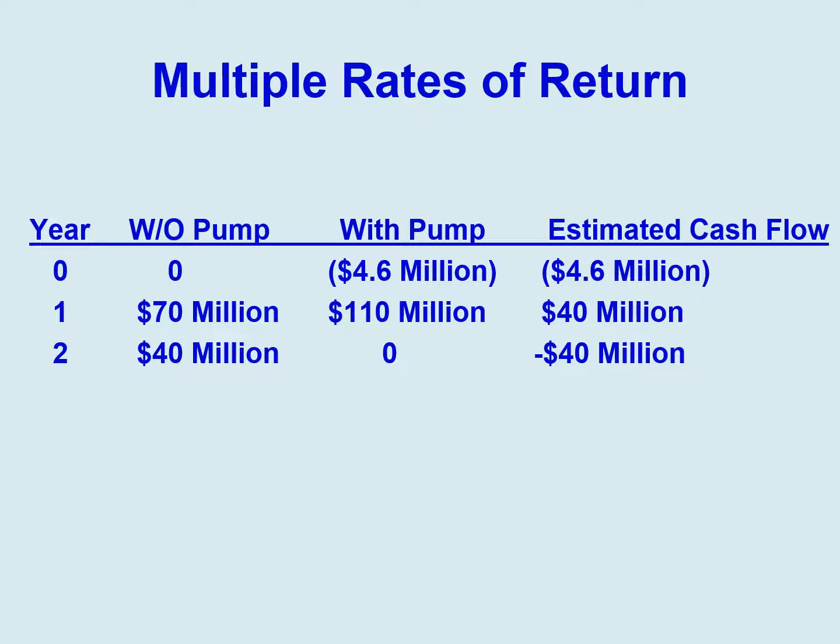Unconventional is when you have more than one sign change. So for example, project A that we had in our lecture last time would be unconventional because we have a negative cash flow followed by a couple years of positive cash flows and then negative cash flows again. And those will occur because sometimes you might need to make an investment, you might have positive cash flow, maybe then you need to stop and retool or change the equipment in some way for some reason, and so you have another investment again.